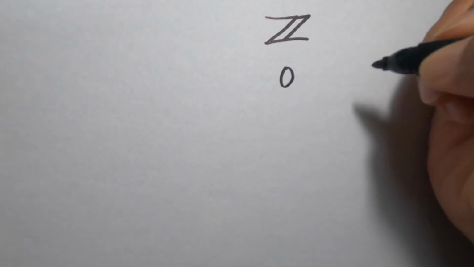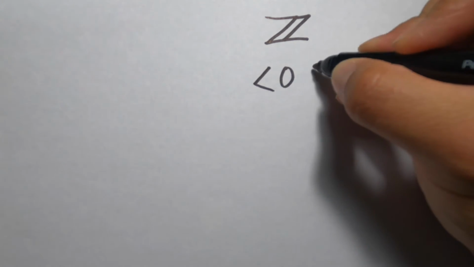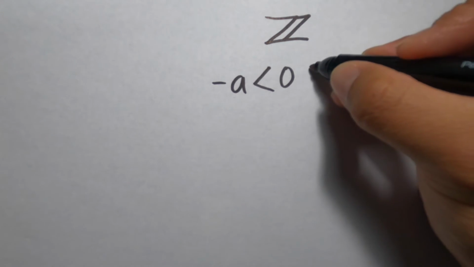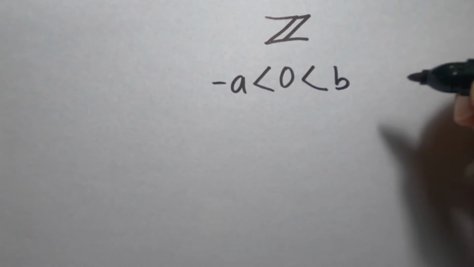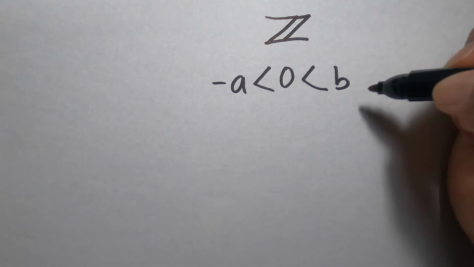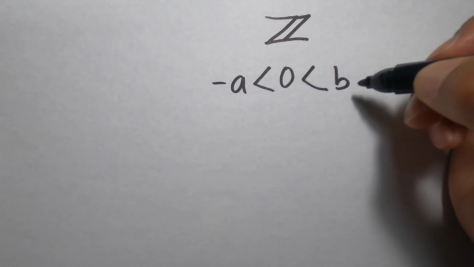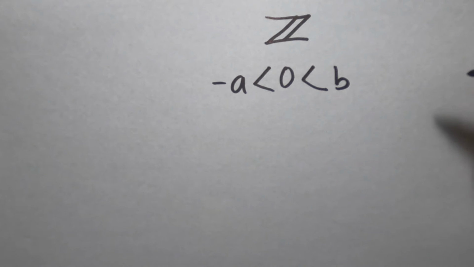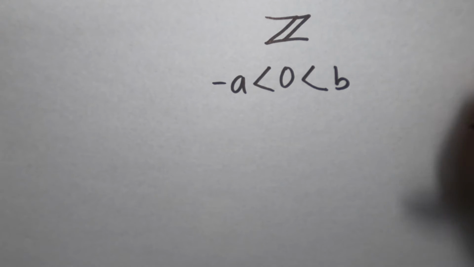So with our all integers, we know we have 0, and 0 is greater than some negative number, and 0 is less than some positive number. And again, don't worry that these are alphabets now involved with mathematics. It's just a representation that someone made up a long time ago to keep track of what we're working with.